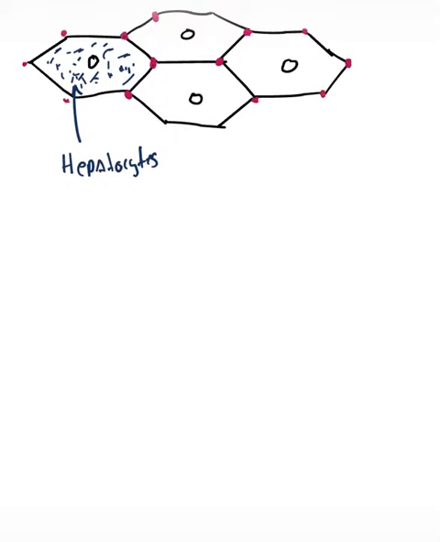A group of three different structures, and those are what we call the portal triads. You have one basically at every little corner of these structures.